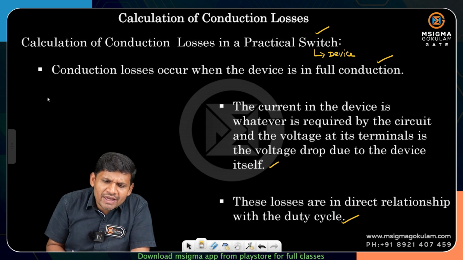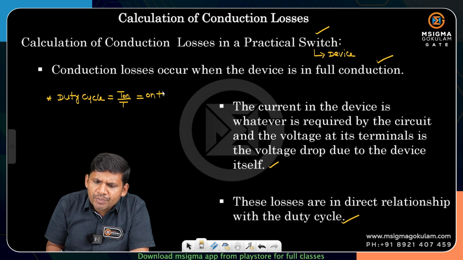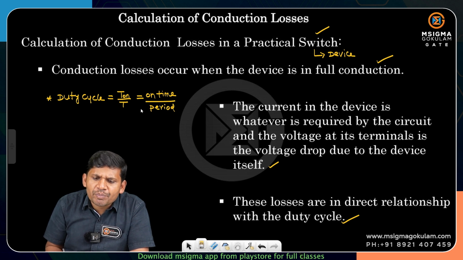What do you mean by duty cycle, students? I am defining the duty cycle here. The duty cycle is written as on time by total time period. That is on time by period. You have to write it as the time period.